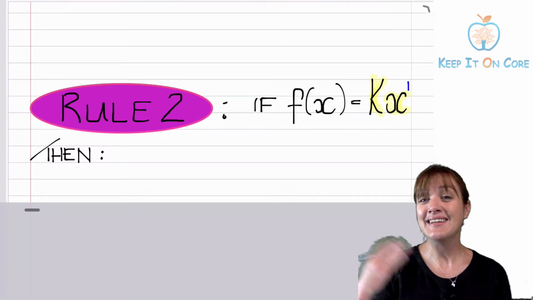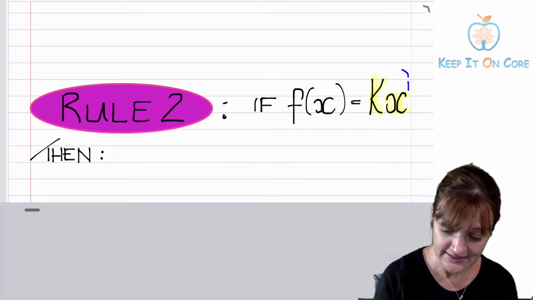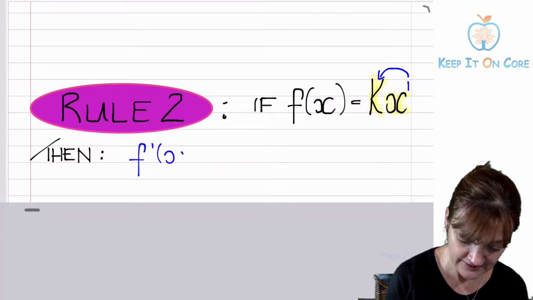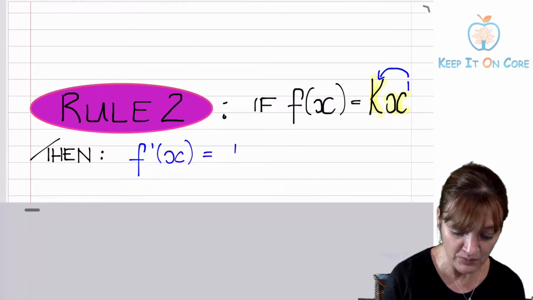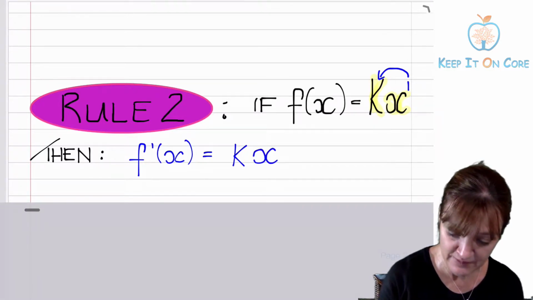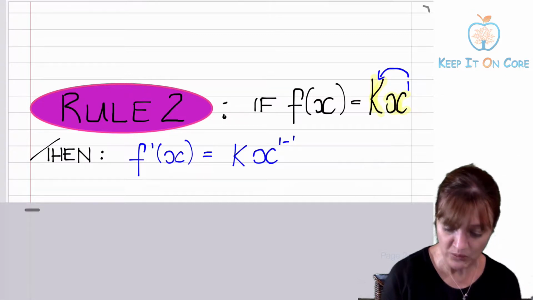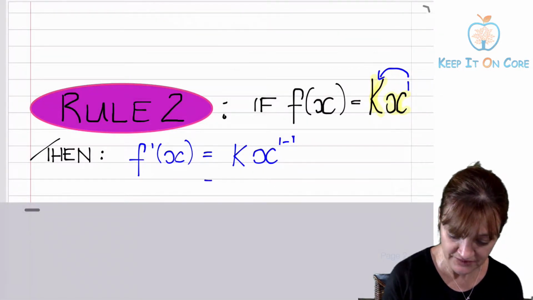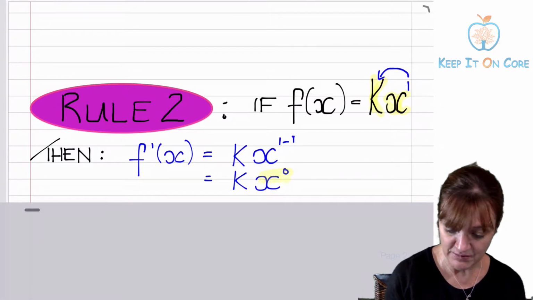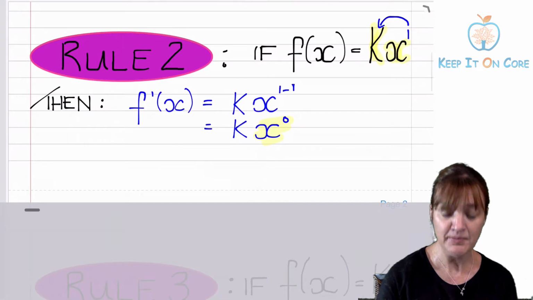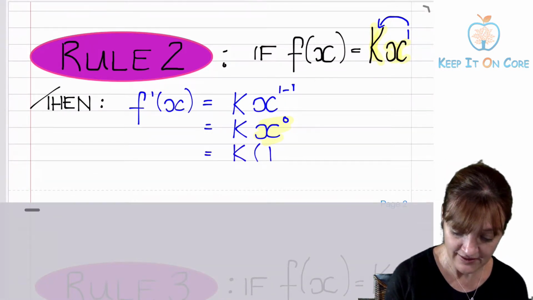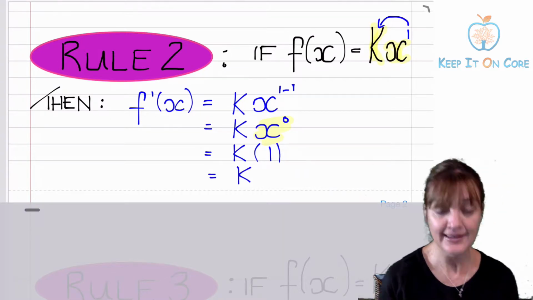If I apply rule 1, take the exponent and multiply it by the coefficient, k times 1 is just k, and I would have x to the power of 1 minus 1, which gives us 0. And remember, anything to the power of 0, by the rules of exponents, is just 1. So k times 1 is just k.